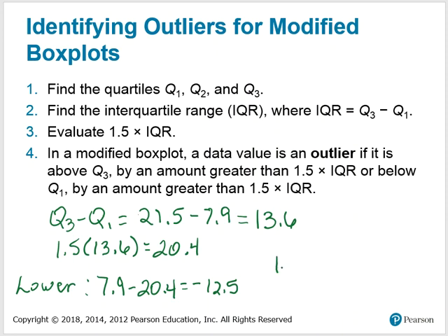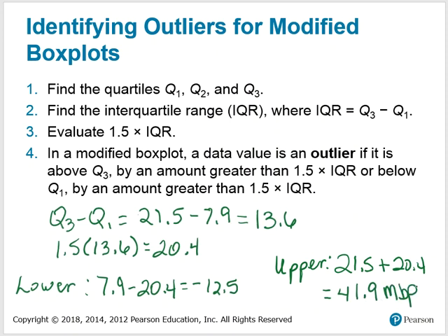Now let's do the upper. So our upper would be Q3, which was 21.5. And now we're going to add the 20.4. 21.5 plus 20.4, that's 41.9. So anything above 41.9 megabytes per second is considered extreme.